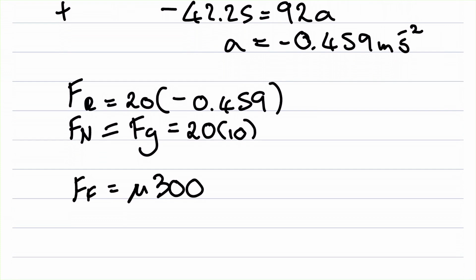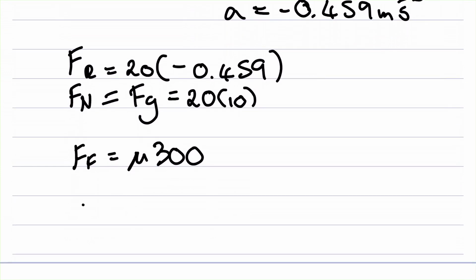Then I have coefficient of friction times 300 is equal to our resultant force. And remember, if I write this out nicely in an equation, resultant force is equal to F applied, remember that's 0, minus frictional force.